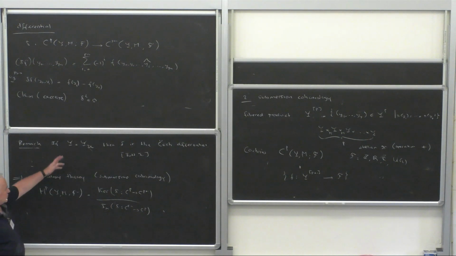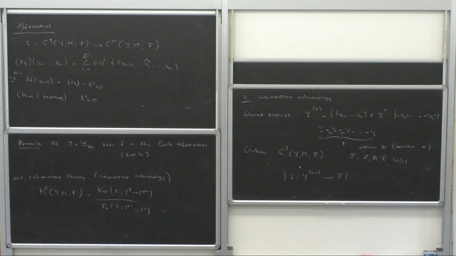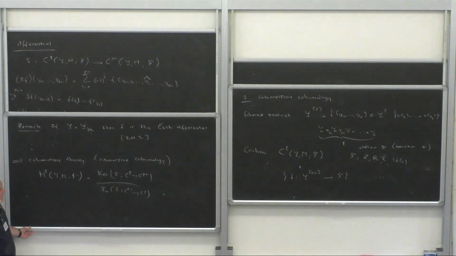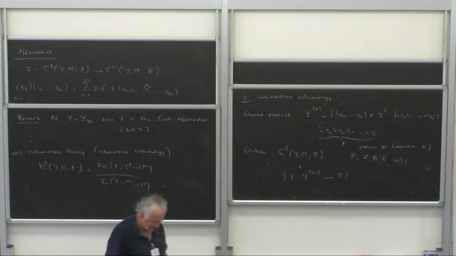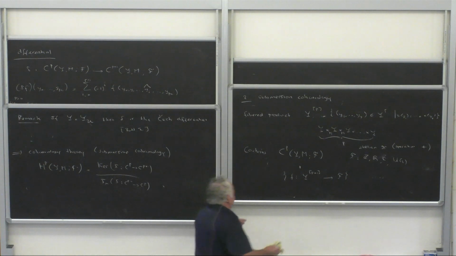Right? Del squared is 0, which implies that the image is sitting inside the kernel, certainly as a vector subspace. And this is just the usual definition of a cohomology related to that differential.